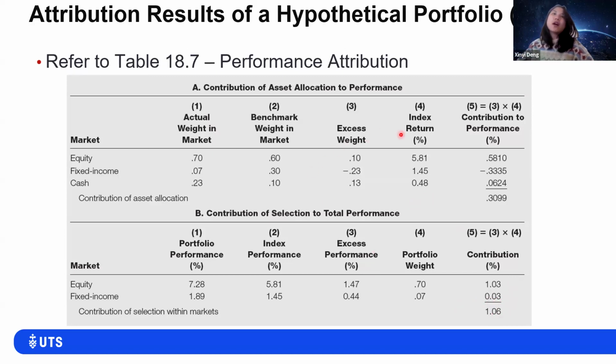Again, what I want to emphasize about this calculation is that for the contribution of asset allocation, because we are focusing on assigning the appropriate weight to different markets, we calculate the excess weight and then calculate the contribution to the performance on the basis of the excess weight.